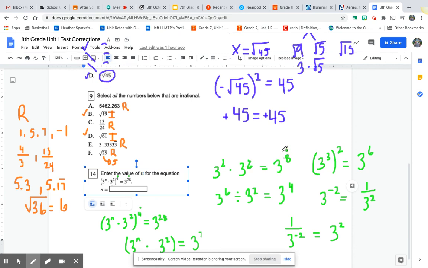Now if I look at my rules from this one right here, we have to add the exponents when you're multiplying. 2 plus what number would give me this 7 in the corner? The n has to be a 5.